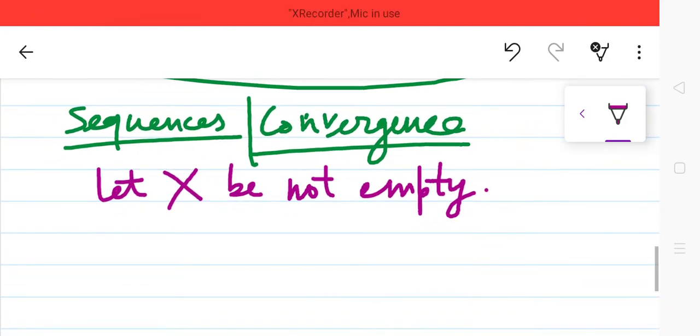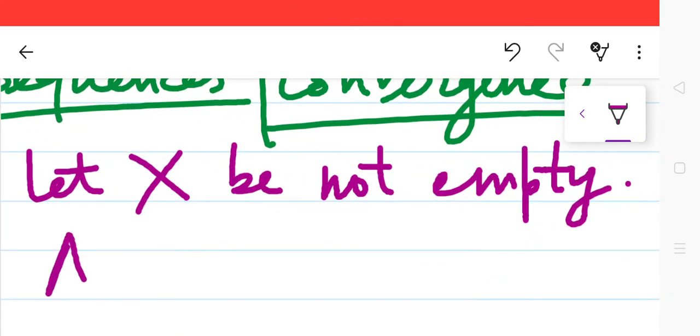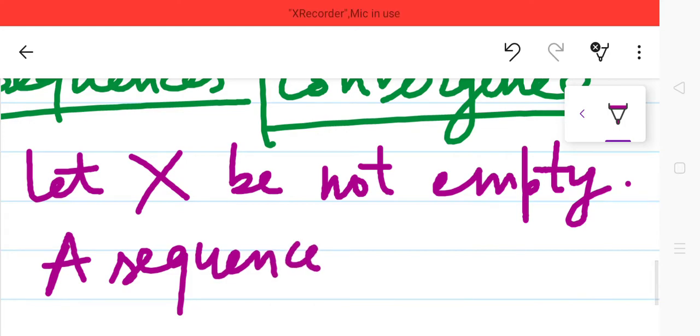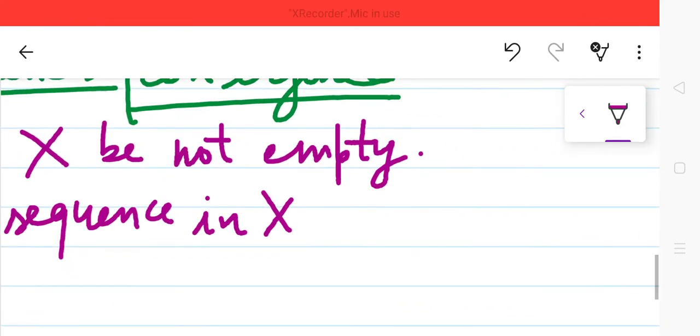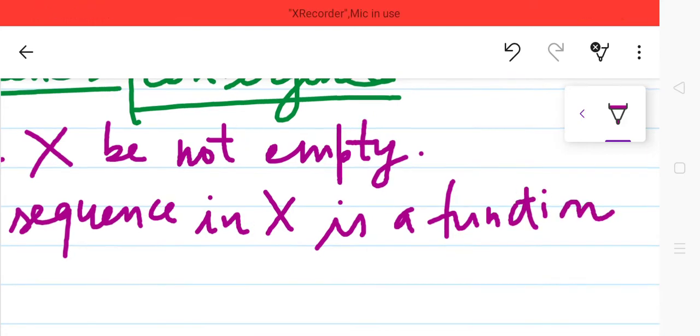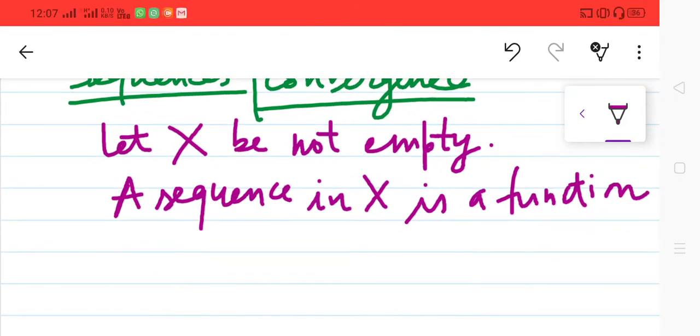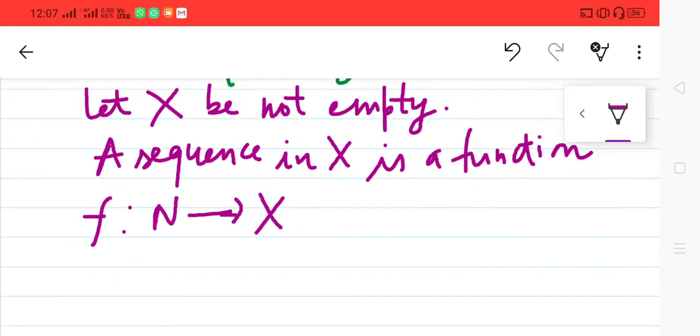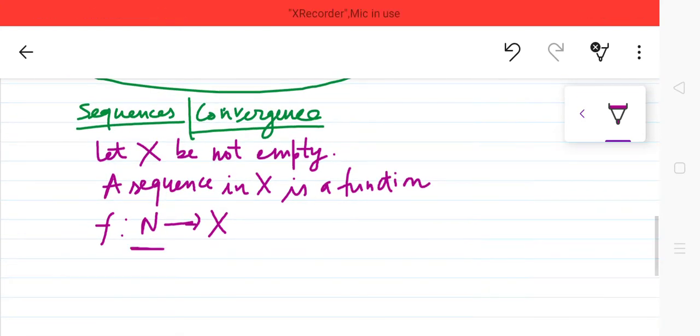What do you mean by a sequence? A sequence in X is a function f from N to X. What is N? N here is the set of natural numbers.